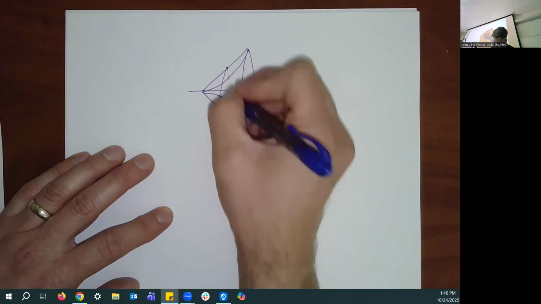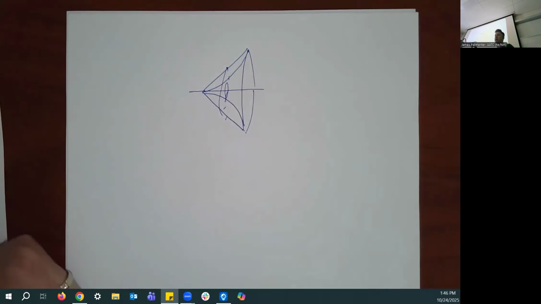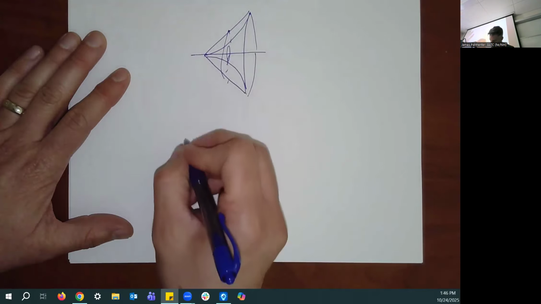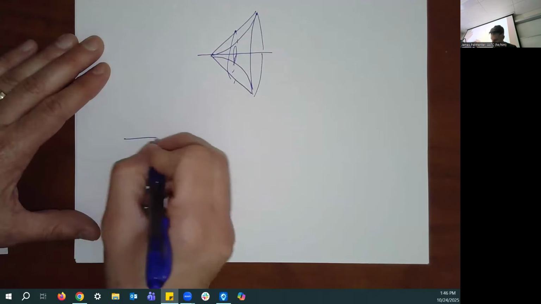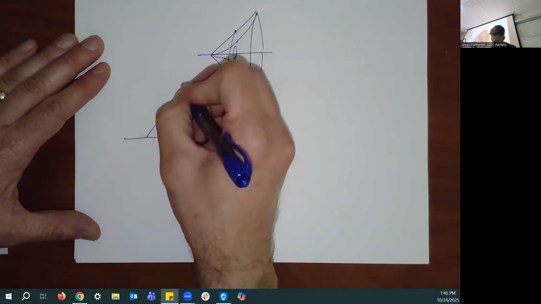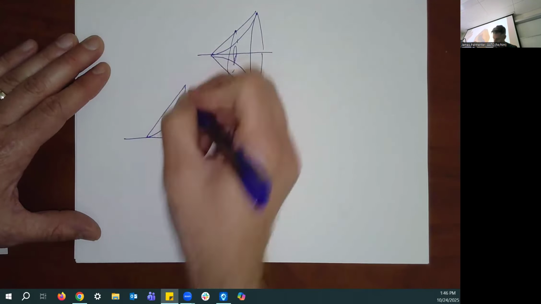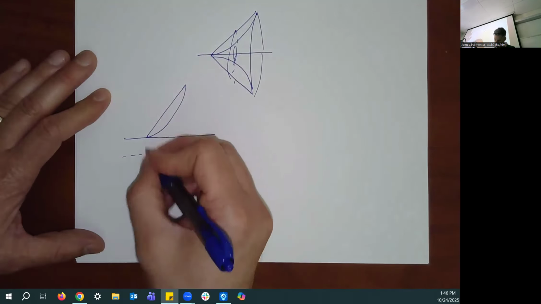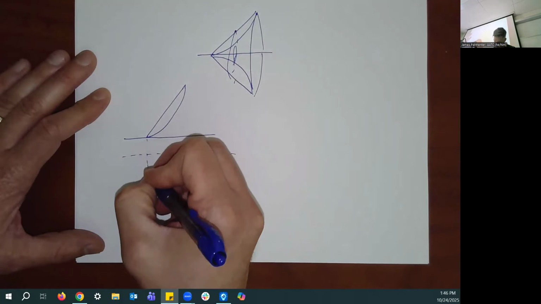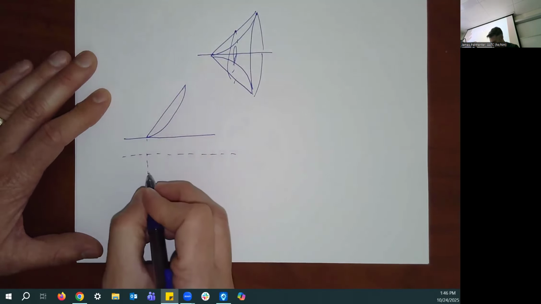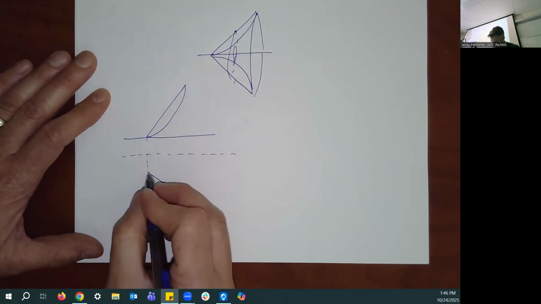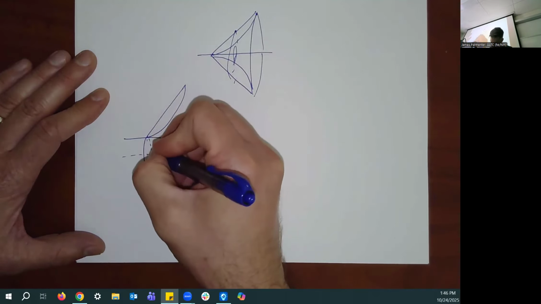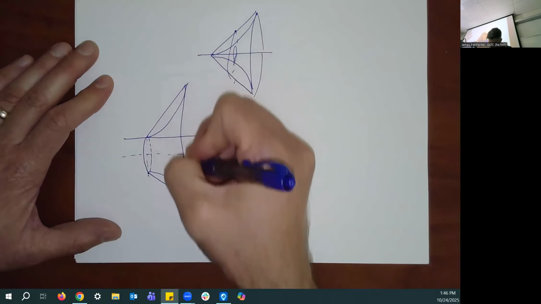But if you revolve it around a line 2 units further down, it looks like you stretched it out or moved it further apart. You've got some big empty cylinder right in the middle, and then it's like that.